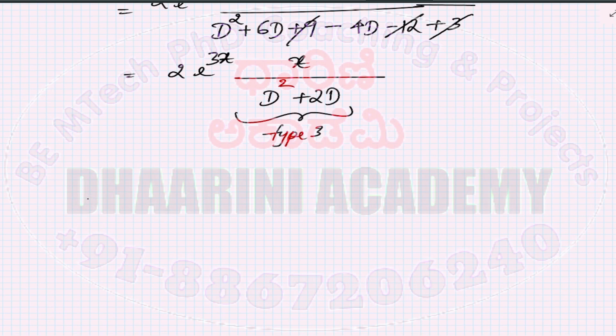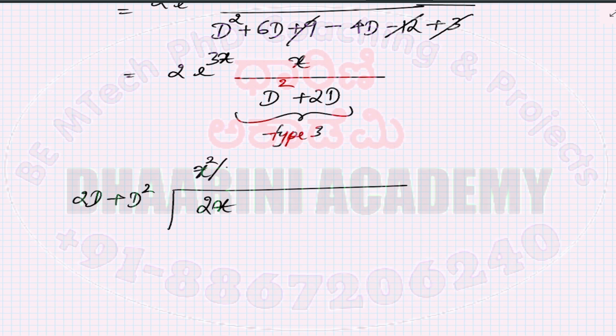So this is 2D plus D square, and we should perform synthetic division with the 2x. This means 2 times differentiation of something is equal to 2x. So this comes to be equal to x square by 2. So 2 cancels. Differentiation of x square is 2x. Alright, so we got 2x.